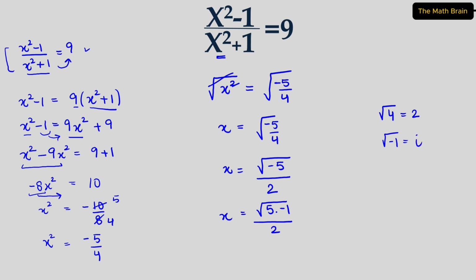So from here we will get the value of x is equal to plus minus under root 5i upon 2. So here we got the value of x is equal to plus minus under root 5i upon 2.